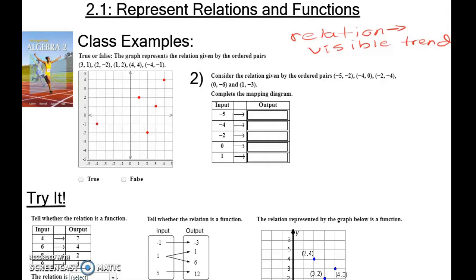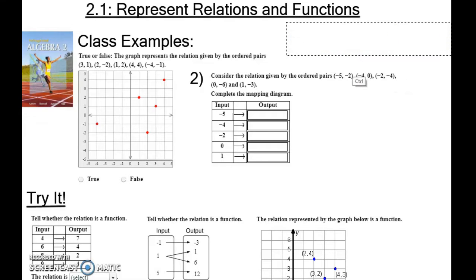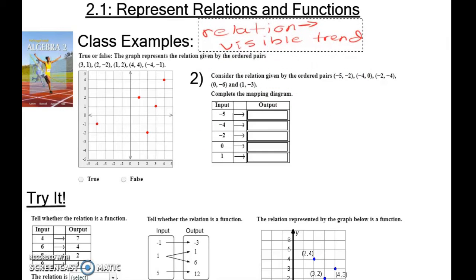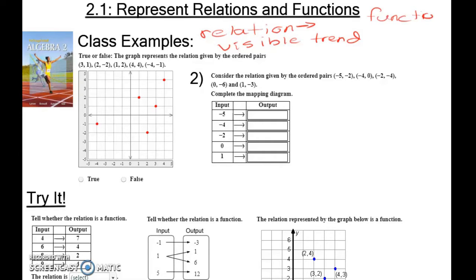Now, a function. Well, we defined a function in the first unit, but if you don't remember, it's an equation that has a trend to it.